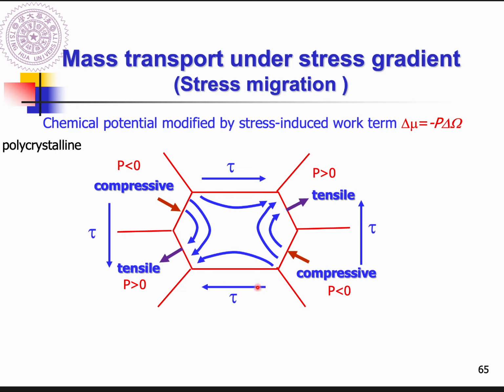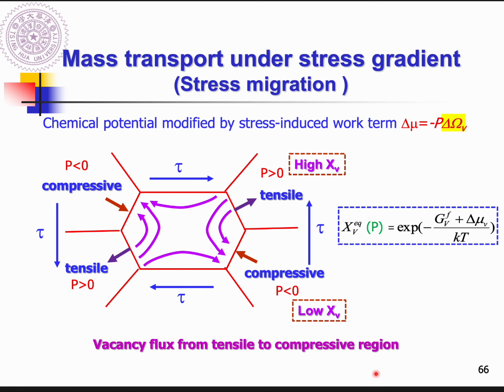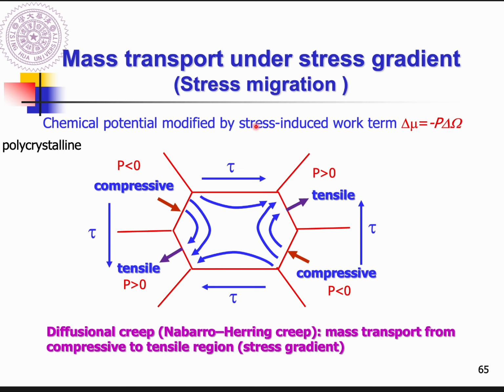So the geometry of this grain will change during mass transport under the stress gradient. And this is the very famous phenomenon we call diffusion creep. This mass transport from the compressive to the tensile region is due to the stress gradient inside your materials.